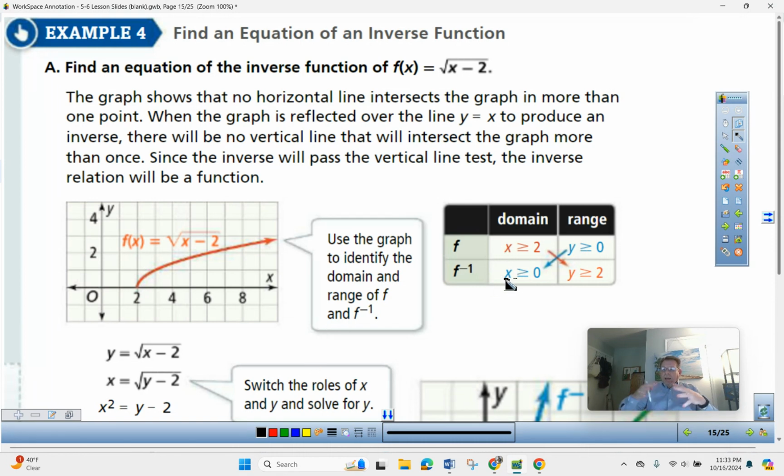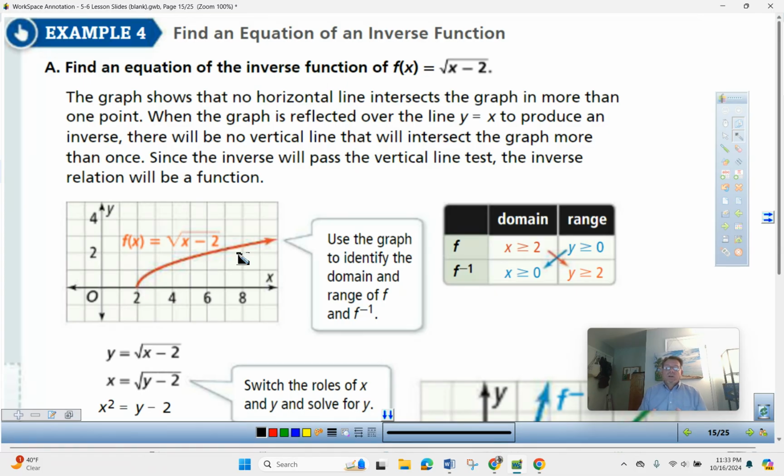All right. Let's do a few more examples, and they're going to deal with domain and range. So we keep adding a little more layers. Find an equation of an inverse function. They're starting with the square root this time. The graph shows that no horizontal line intersects the graph in more than one point. So they're basically saying, if you take this guy here, it passes the horizontal line test.